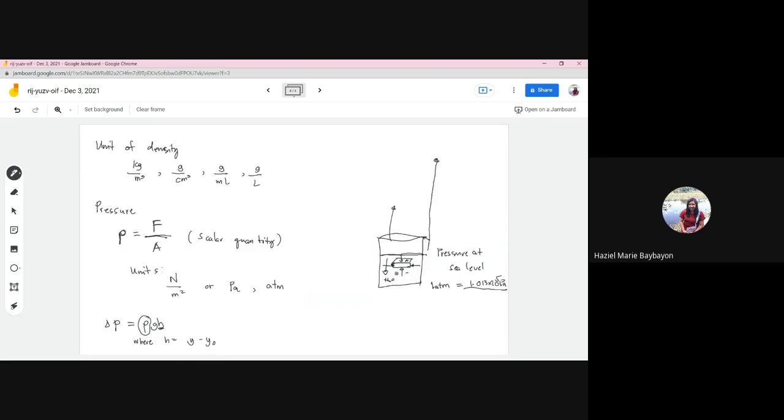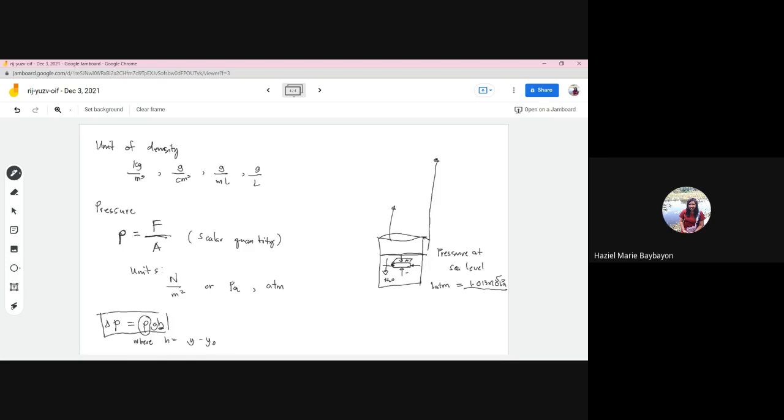Or if this is mercury, it has a different density, so this is the density of mercury. Or if this is liquid sulfur, which is very hot, we will use the density of sulfur.